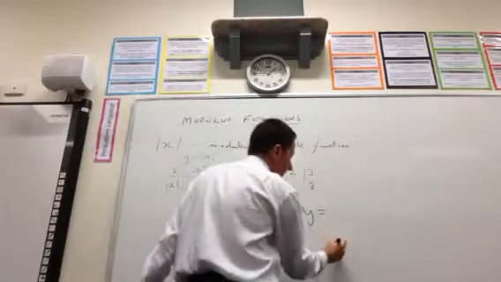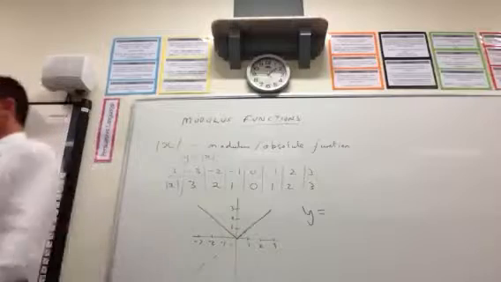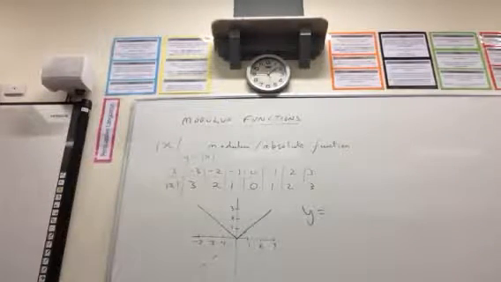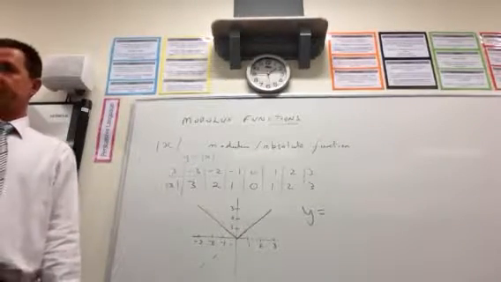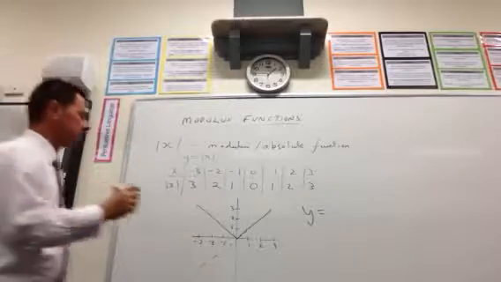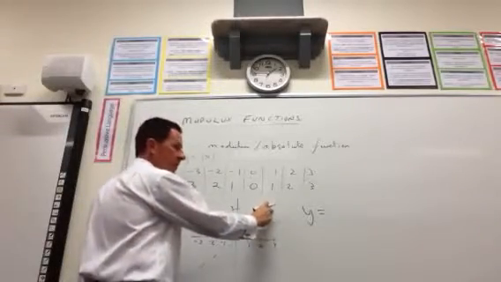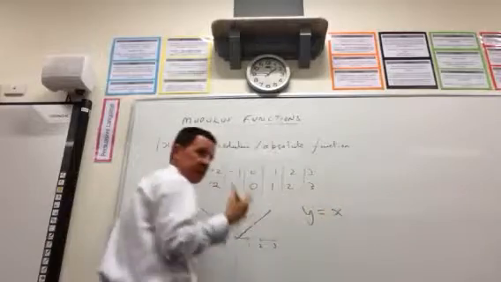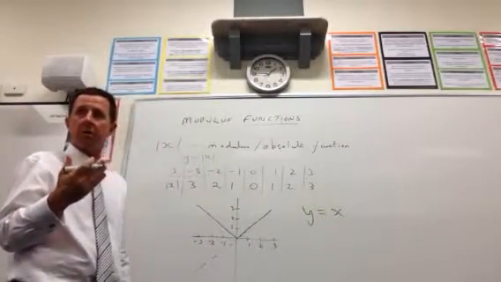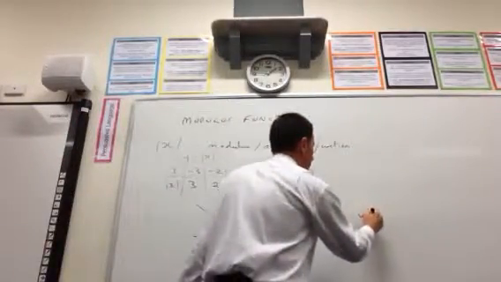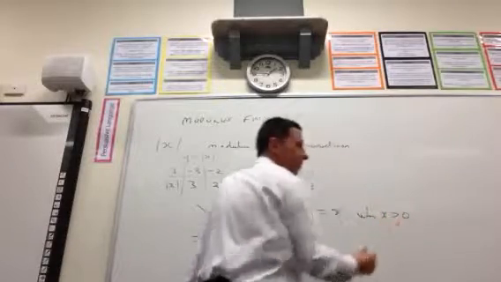We need to be able to write it. Basically, this equation is worth 3 bits. Okay? There are 3 zones here. This bit, y equals x, that's what the equivalent graph is when x is bigger than 0. Right?